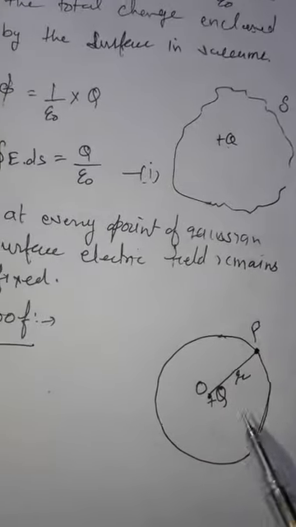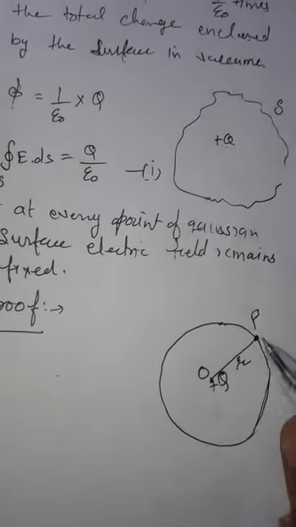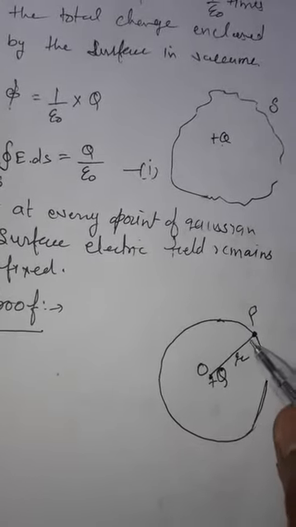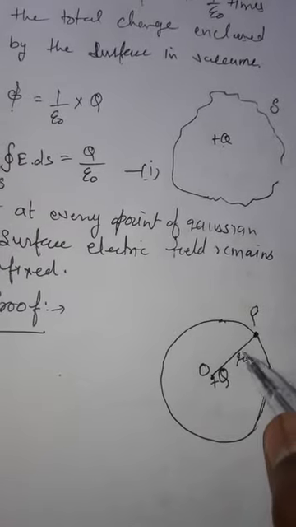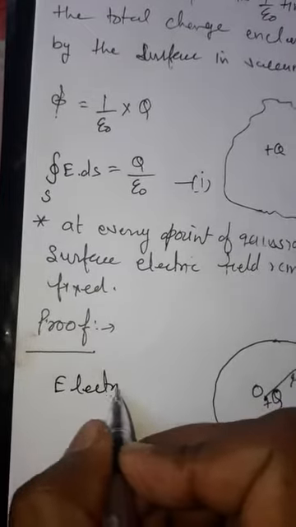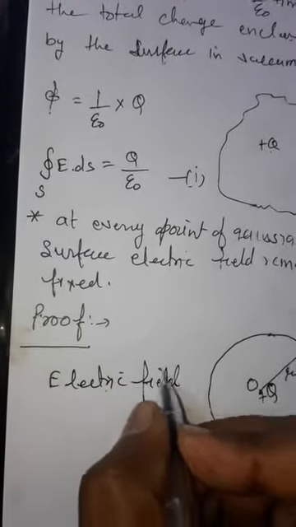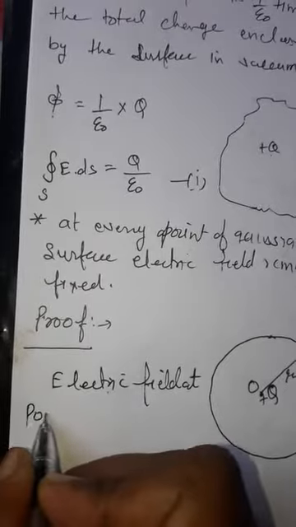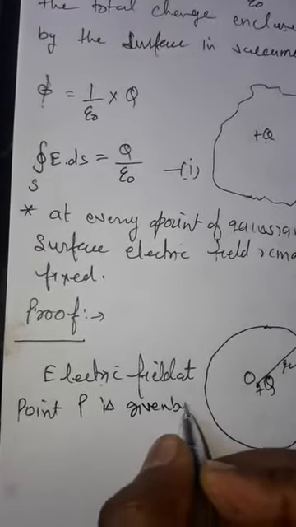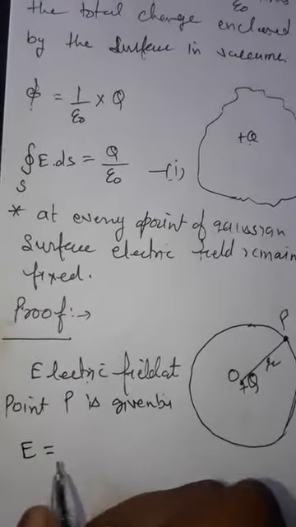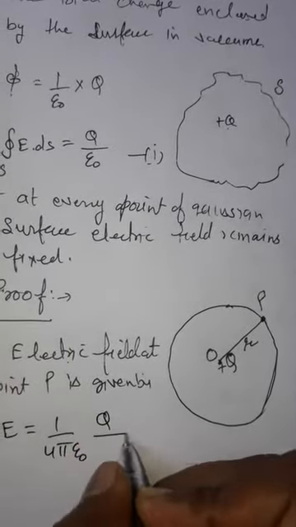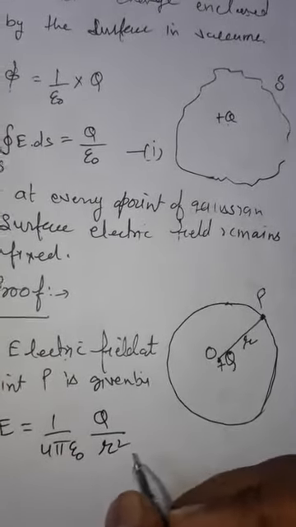Now we know that according to Coulomb's law, at point P, the electric field due to this charge is related to the displacement, or the radius of the sphere. So the electric field at point P is given by E equal to 1 upon 4 pi epsilon naught q upon r square, distance square.